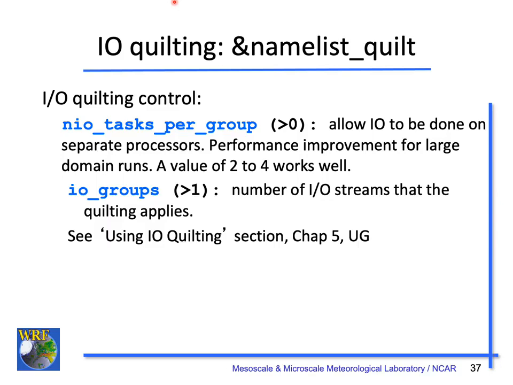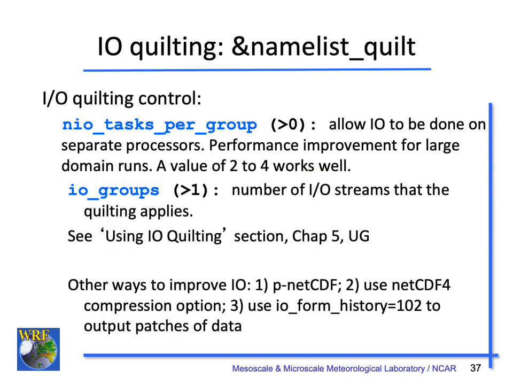This is only needed when the model's grid is huge, and we have access to hundreds or thousands of processors. This helps to improve overall model performance, even though a set of the processors is not used for computing.